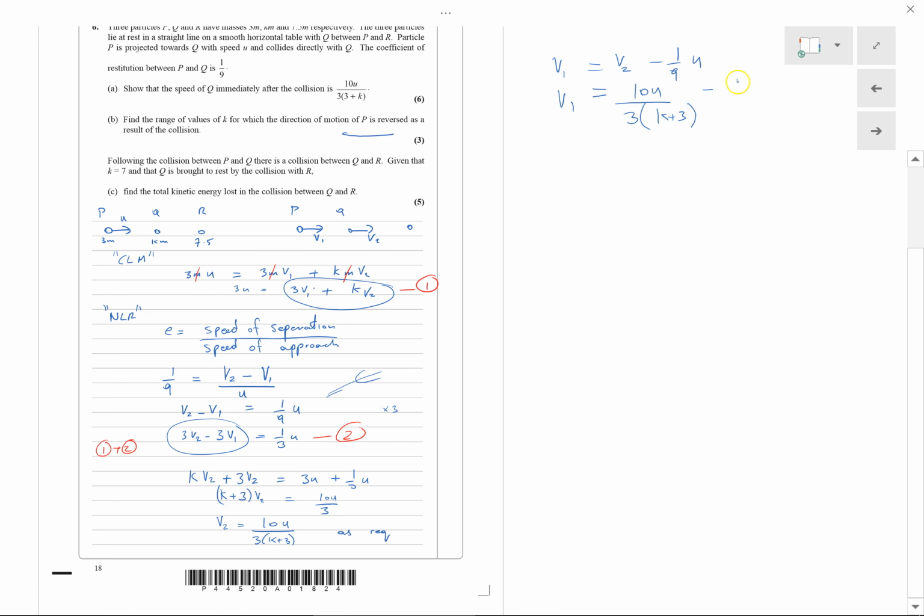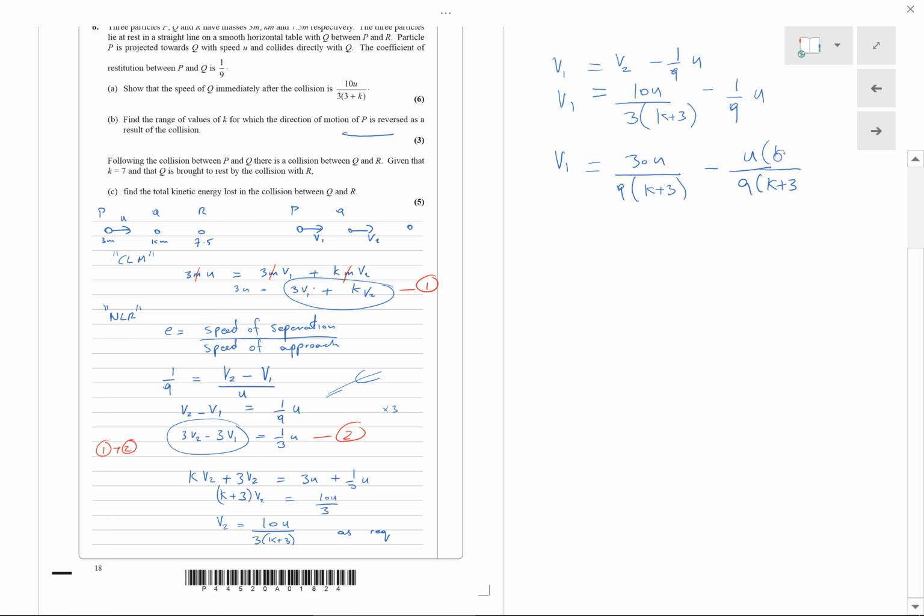minus 1 over 9U. Let's put that over a common denominator. We get that as 10U over 9(K plus 3), times in that by 3. So that's going to be 30U, of course, on top, minus U over 9(K plus 3).